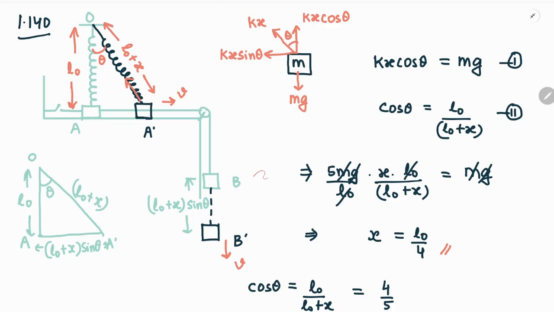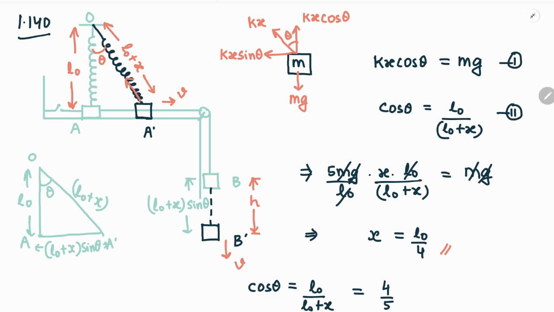As the block B lowers itself by this height, which is (L0 plus x) sin theta, this work done by gravity is totally taken care of by the spring force, and the other part is kinetic energy.